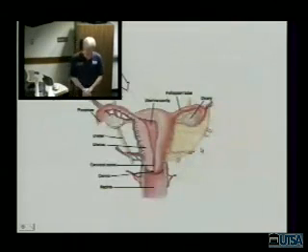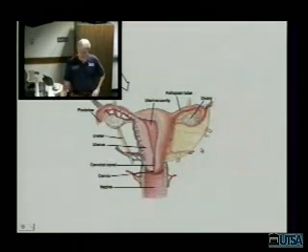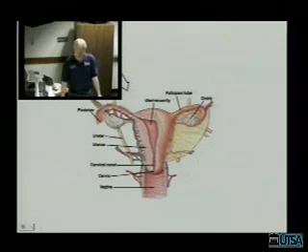The female reproductive organs pertinent to our discussions today and through the semester are shown here. Of course, the ovary with the various follicles and various forms of development. This looks like a corpus luteum shown here.